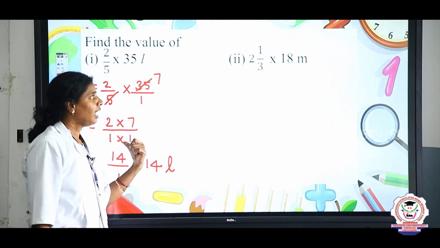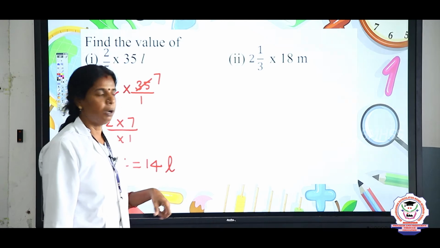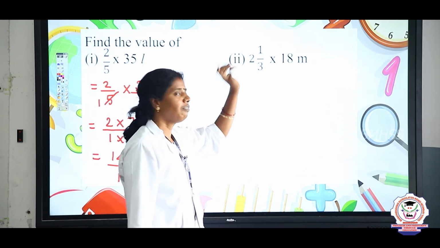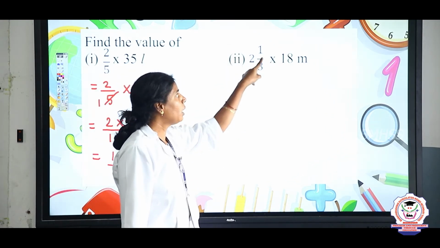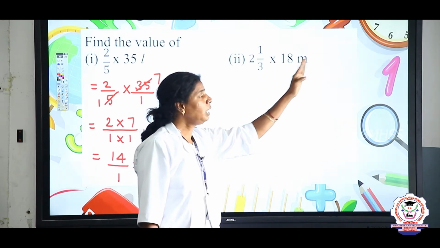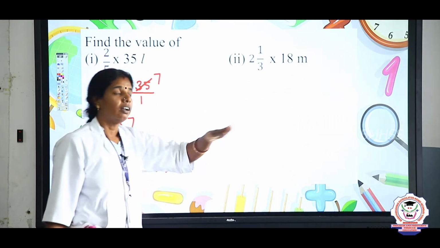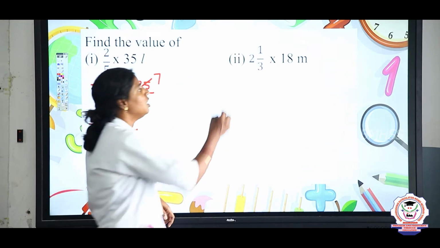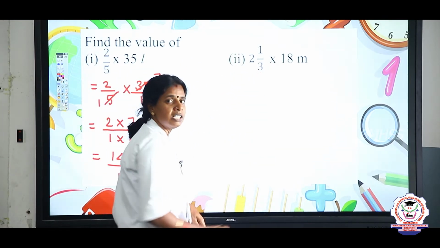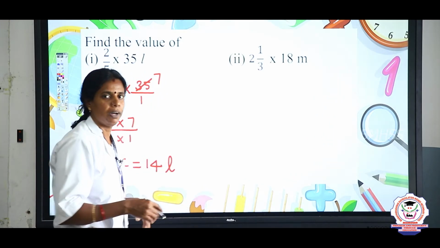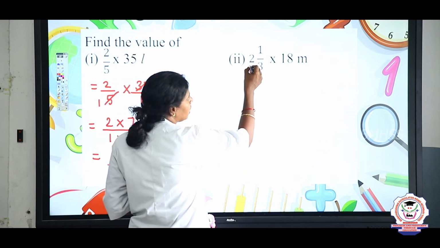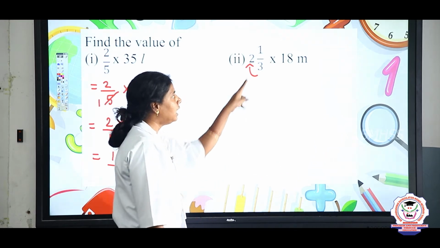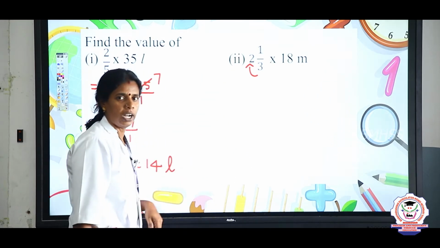Is it clear? Likewise, we are going to solve the next problem too, which is given in mixed fraction here. See, 2 1 by 3 into 18 meter. In this 18 meter, we are going to find what is 2 1 by 3. First we will convert this mixed fraction into an improper fraction. To convert this, we multiply the denominator with the whole number.